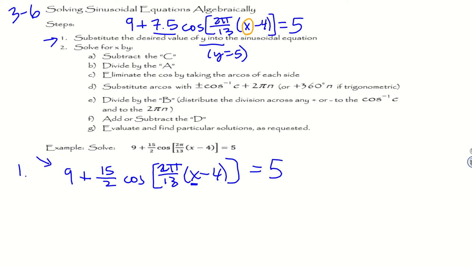So the first thing we're going to do, our step A, is that we are going to subtract the c. Our c is 9, so from both sides of this equation, I'm going to subtract 9.